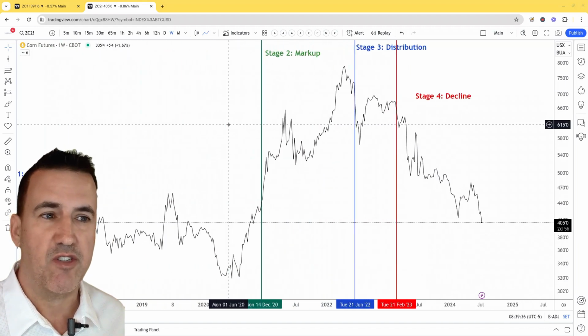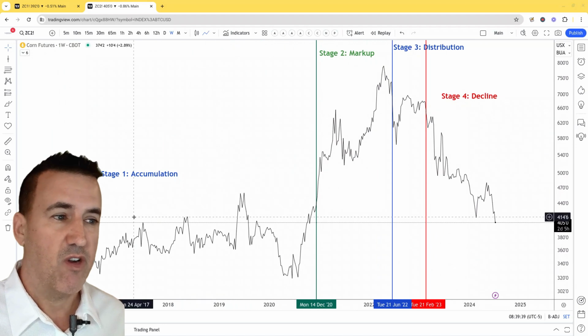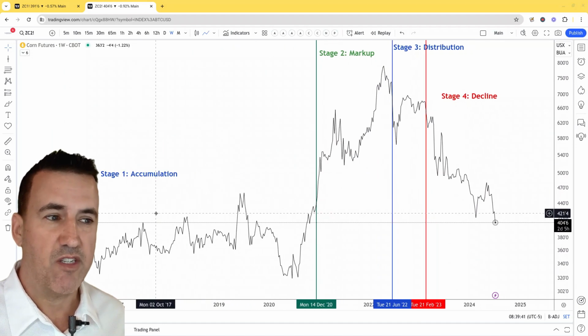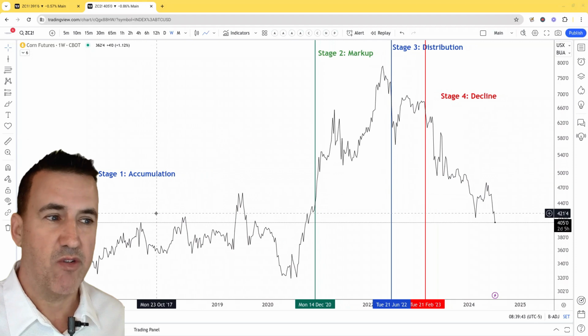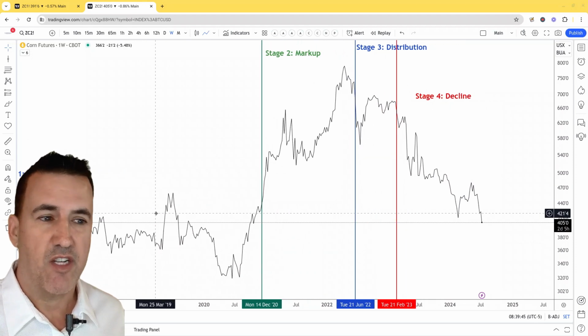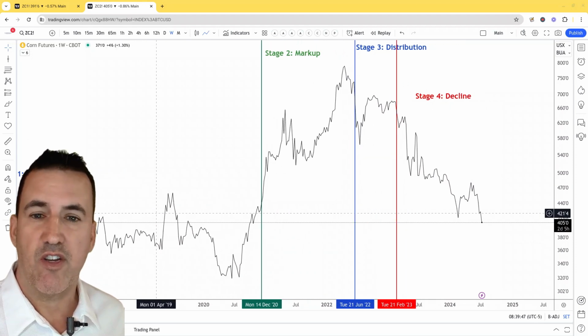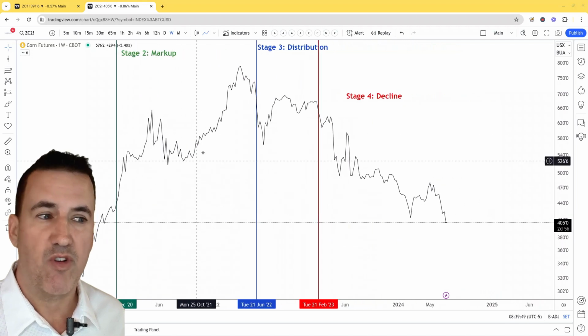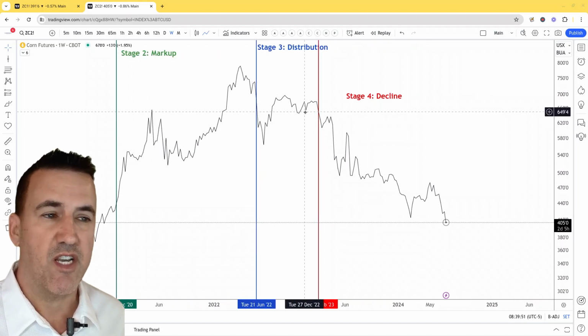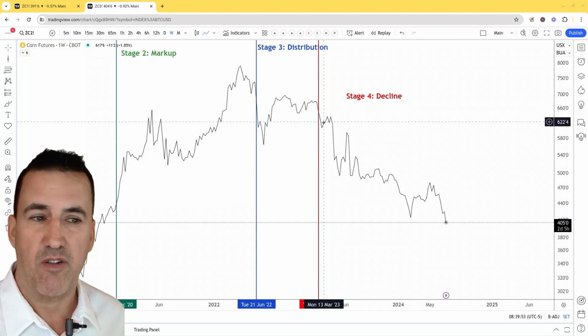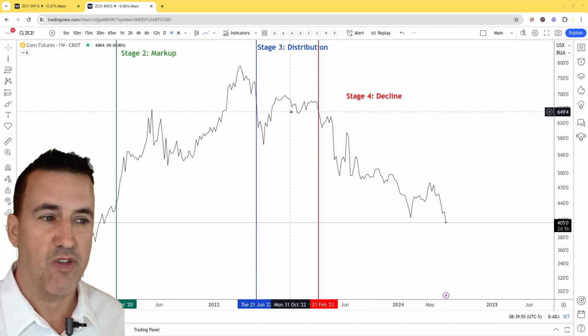Now, the stage 3 distribution, if you remember, or if you can compare it with the accumulation stage, they look very similar. They're moving sideways through a band of consolidation as the market decides whether it's going to continue higher or move lower. Now, in this situation here, it's a stage 3 distribution because we started making new lows and entered into a stage 4 decline.